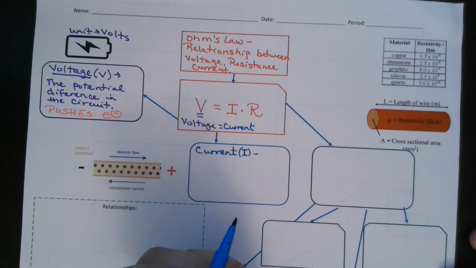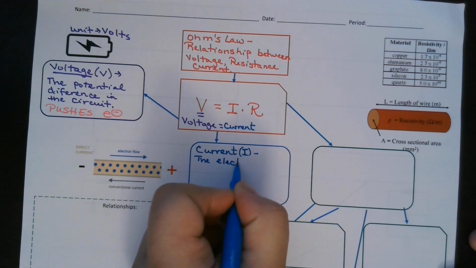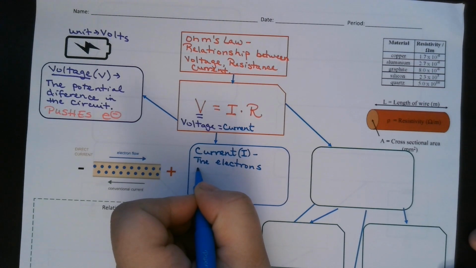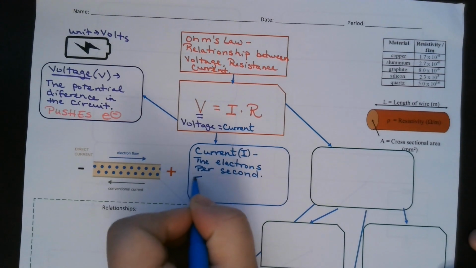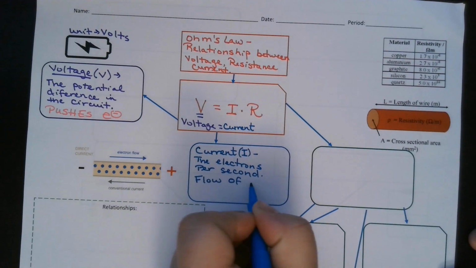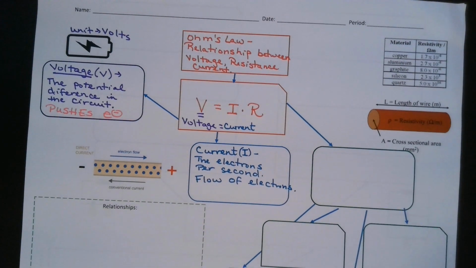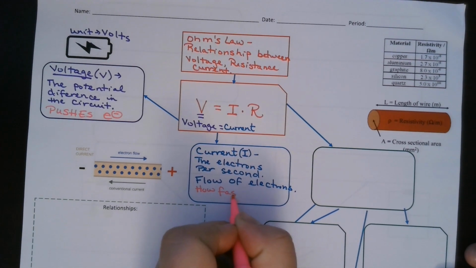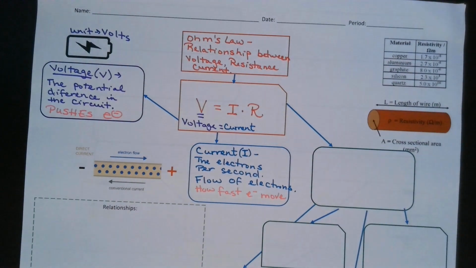Current is the electrons per second moving, or the flow of the electrons. Essentially, this is how fast they move.